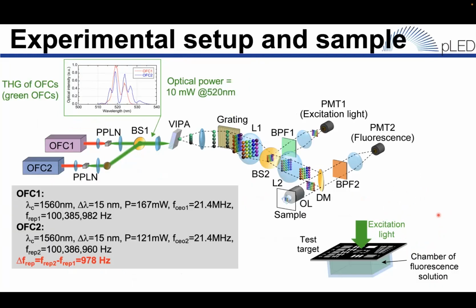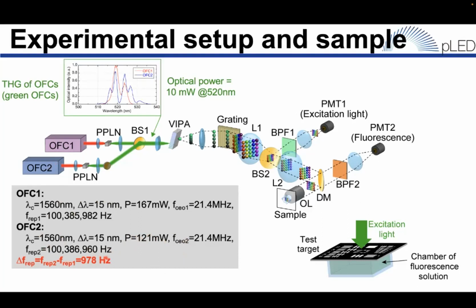Okay, so next shows the experimental setup and sample. Here we use a pair of erbium fiber combs at 1.5 micrometers, OFC1 and OFC2. Specifications of them are indicated here, and the frequency difference delta f_rep between f_rep1 and f_rep2 was set to be 978 Hz.